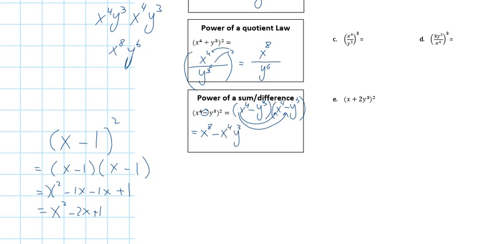Then negative y cubed times x to the 4 is the same thing, x to the 4 y cubed. The last one is negative y cubed times negative y cubed, so that gives me plus y to the 6.